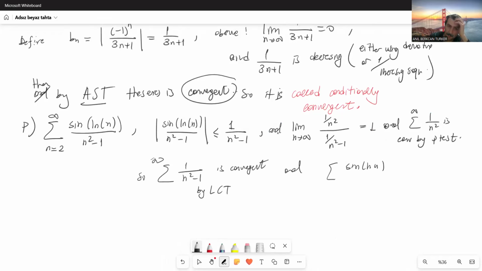And ln n over n squared minus 1 is absolutely convergent by the direct comparison test because of this inequality.